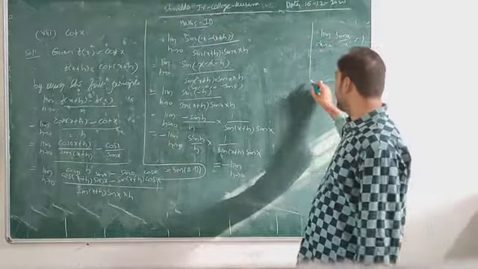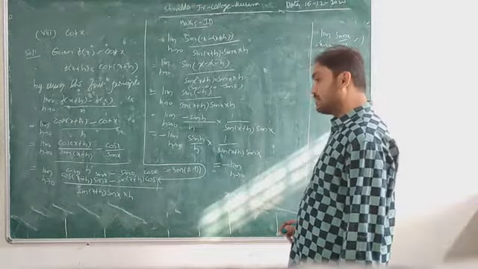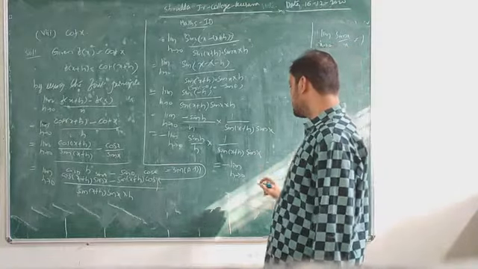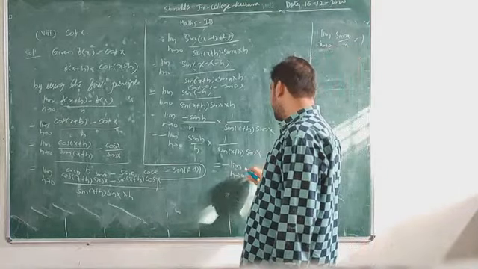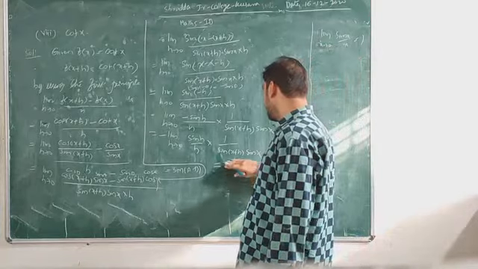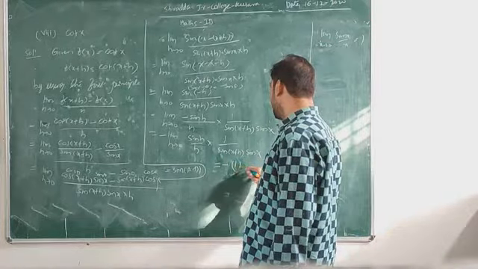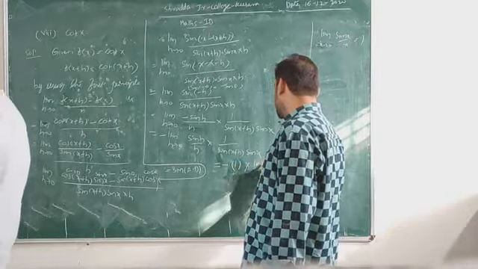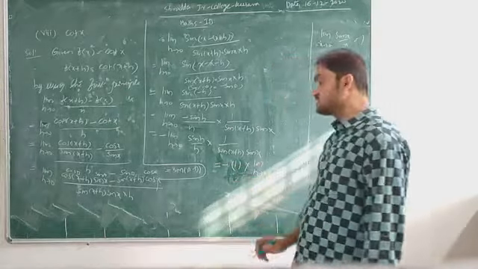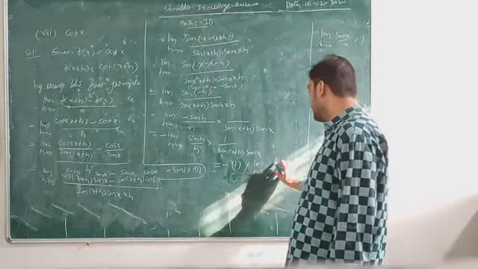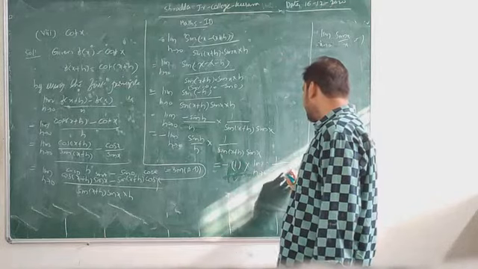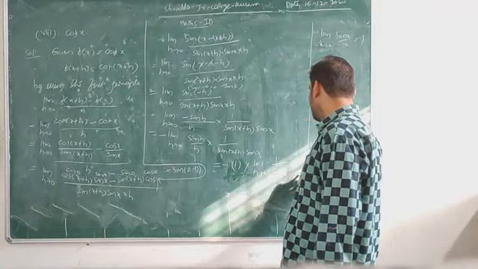So now what are we getting here? Minus limit h tends to 0 of sin x by x, that is 1, into limit h tends to 0 of 1 by sin of x plus h into sin x.